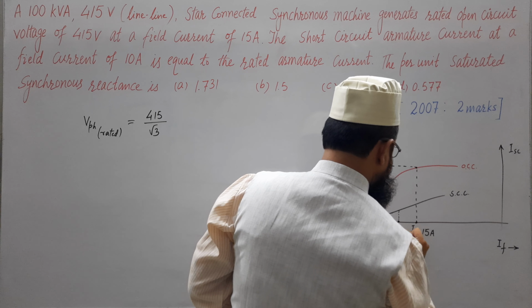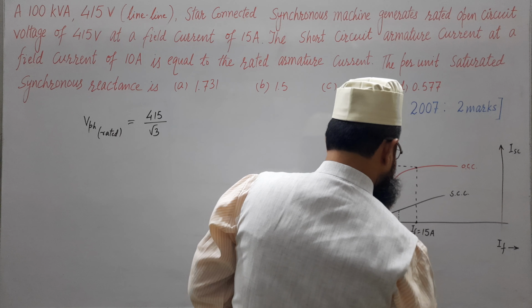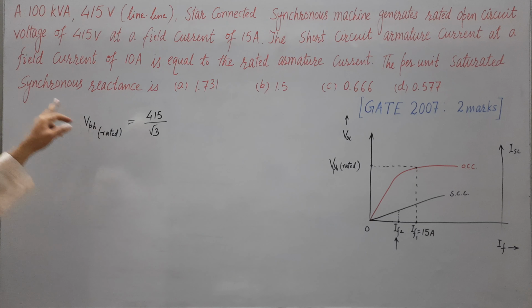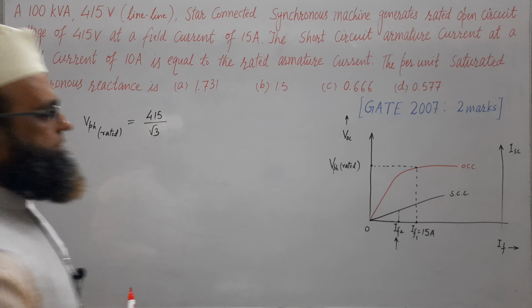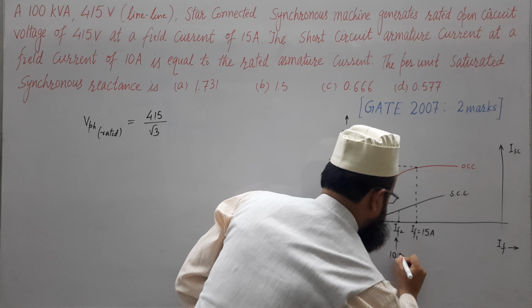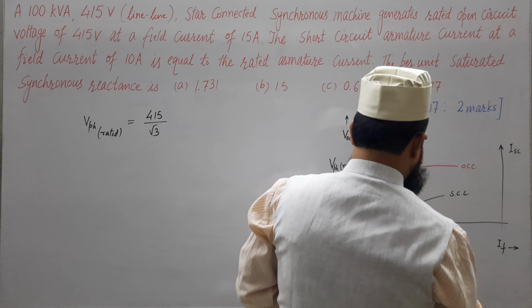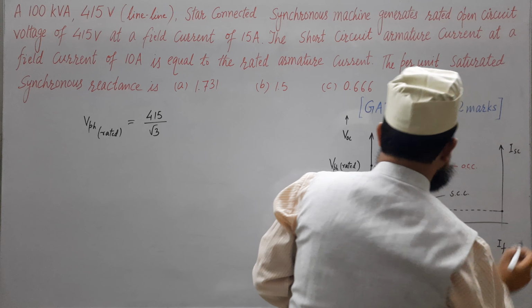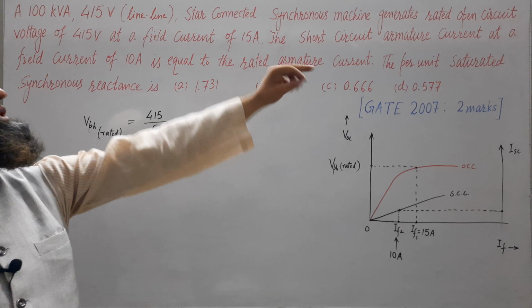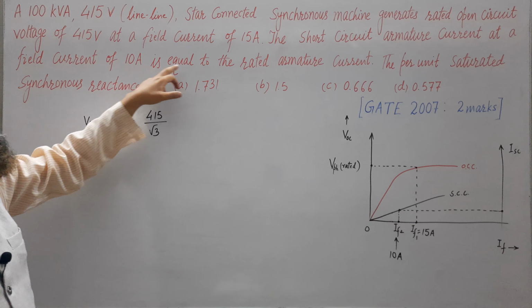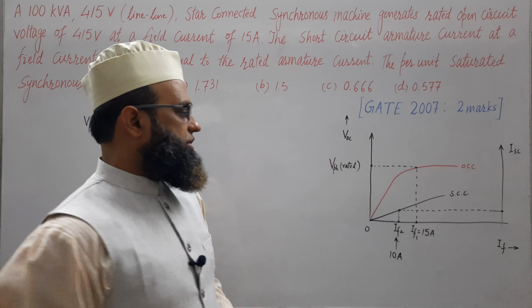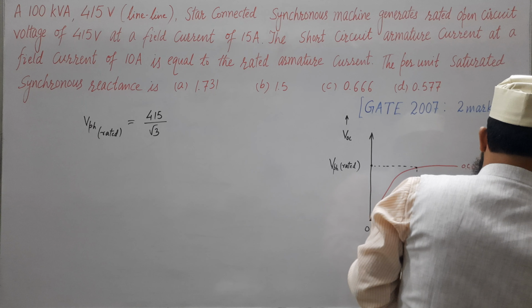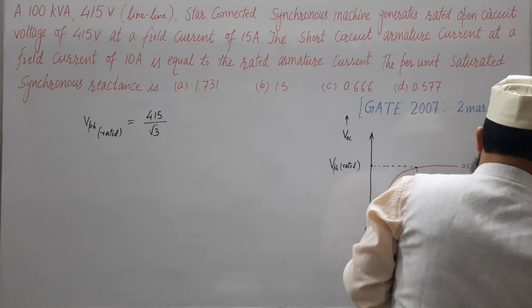So IF2 is 10 ampere, and the corresponding short circuit armature current will be this one. The short circuit armature current at a field current of 10 ampere is equal to the rated armature current. So this is IA rated, fine.